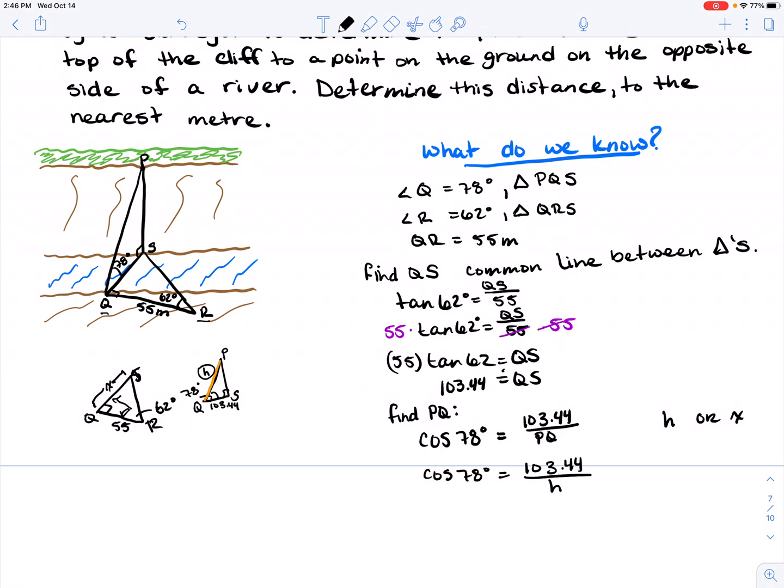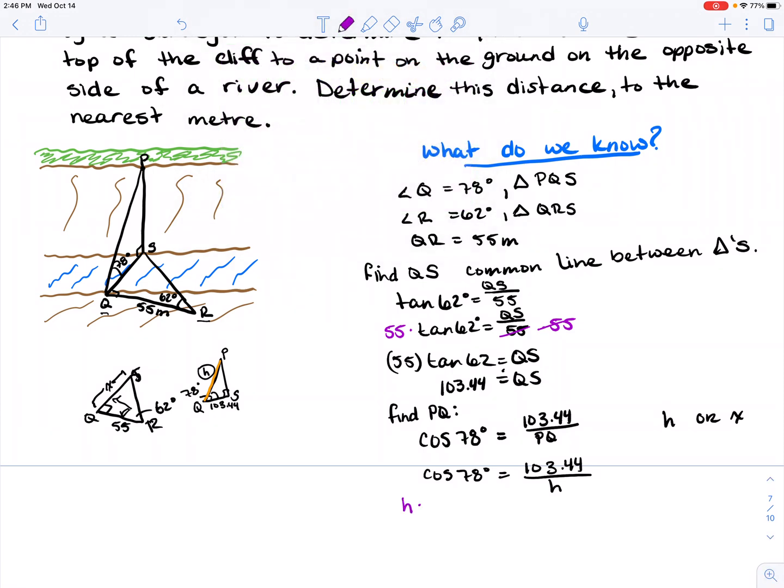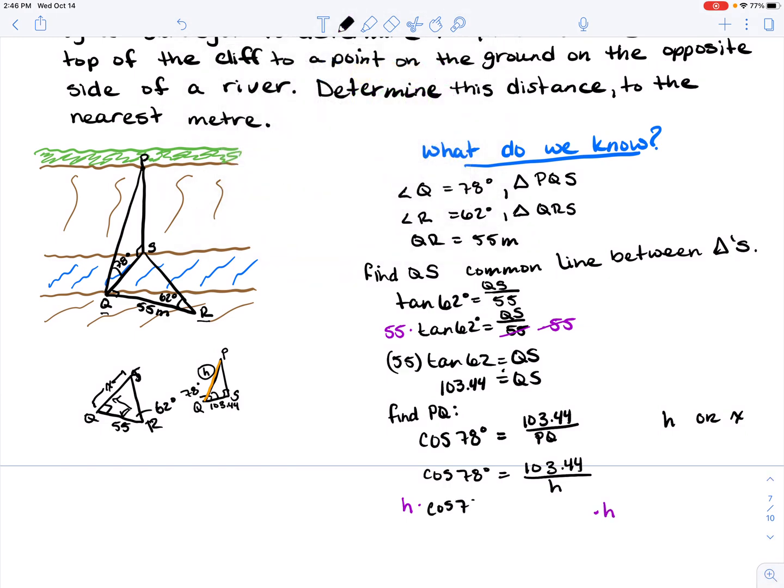Multiply both sides by the h. Cos 78 degrees then equals the 103.44 over h times h. I can cross those two out. The other thing I have to do on the next round is isolate my h.